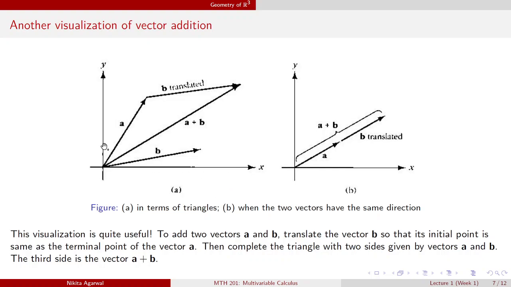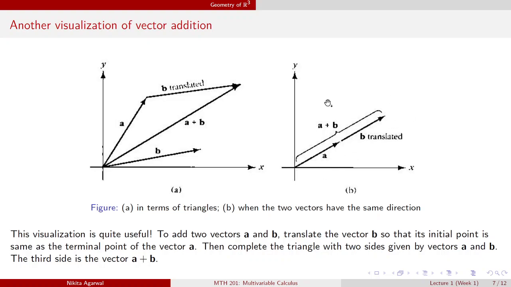Now there is also a possibility that when you do this, a and b come out in a straight line, like this. Suppose you translate b and it so happens that a and b are in the same line. Then you don't get a triangle, but the final vector that you get, whose starting point is the origin and ending point is the new ending point of b, is the vector a plus b.